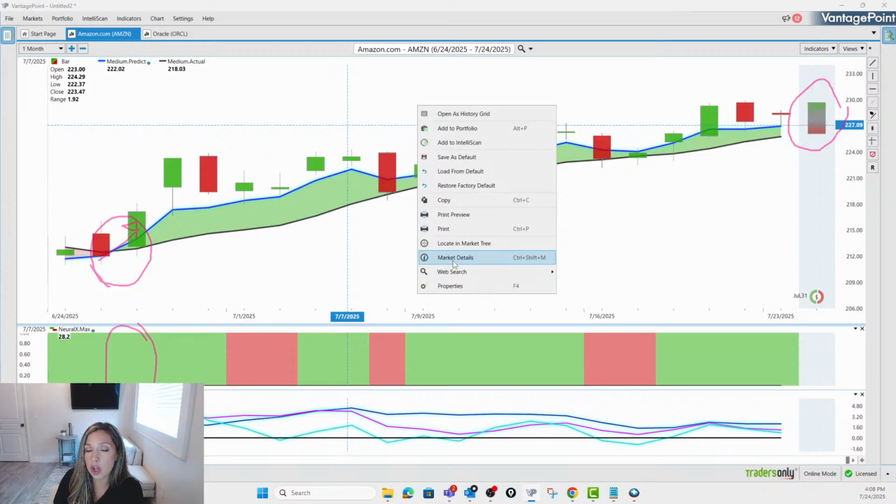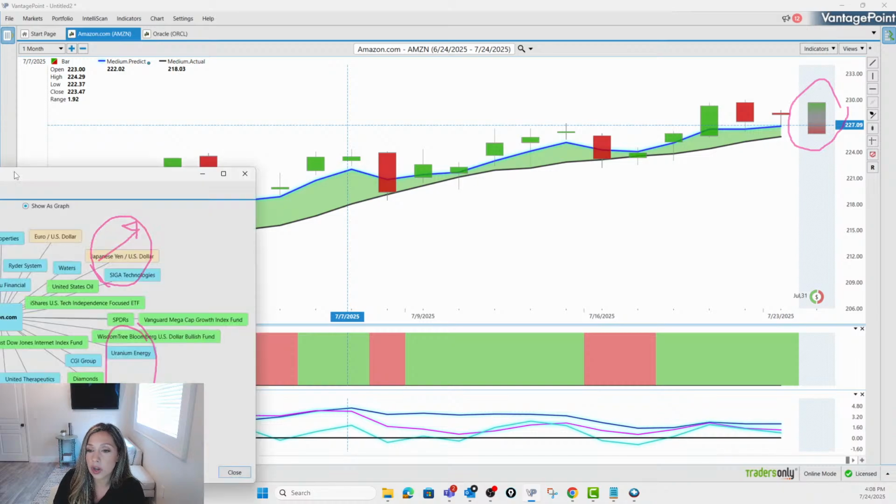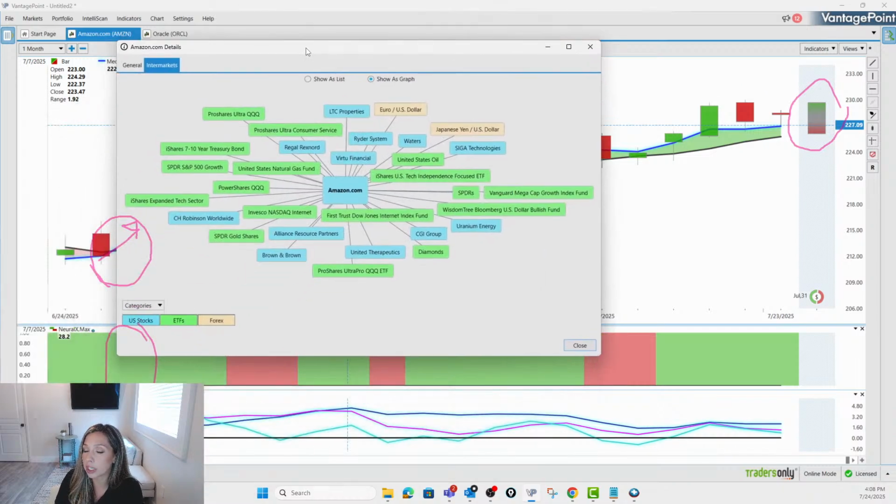So we can actually look behind the scenes to see what markets are impacting, pushing, pulling, and driving this stock. And in this case, this stock would be Amazon. So we won't spend too much time here because you can see there are many markets that go into the forecast of Amazon.